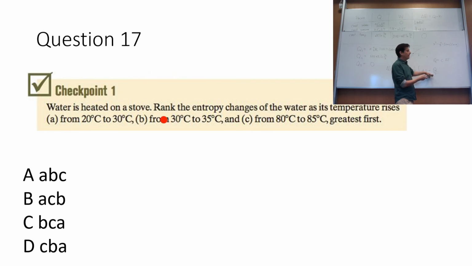Both of these ones have a 5 degree change, so the heat would be the same. But the average temperature would be different. So which one would be the second largest?